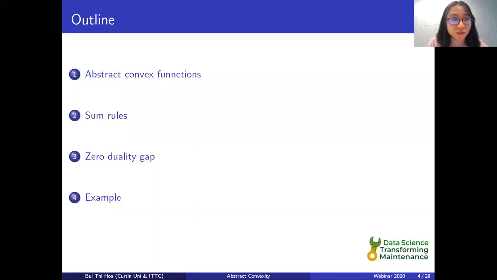And in the next sections, I'm going to talk about a non-trivial example where all the analysis works. In the sum rule section, this is the very first time we consider a topology. This is a topology which is the generalization of the weak-star topology in a dual space in standard convex analysis.